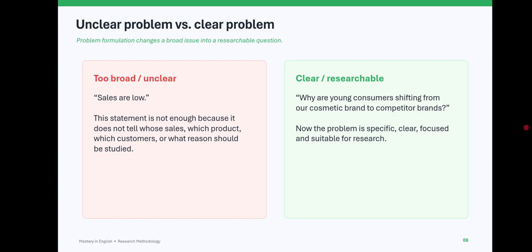Instead, the company clearly defines the problem like this: why are young customers shifting from our cosmetic brand to a competitor brand? They can also work on this statement. This is called problem formulation. This problem is specific, clear, and research oriented.